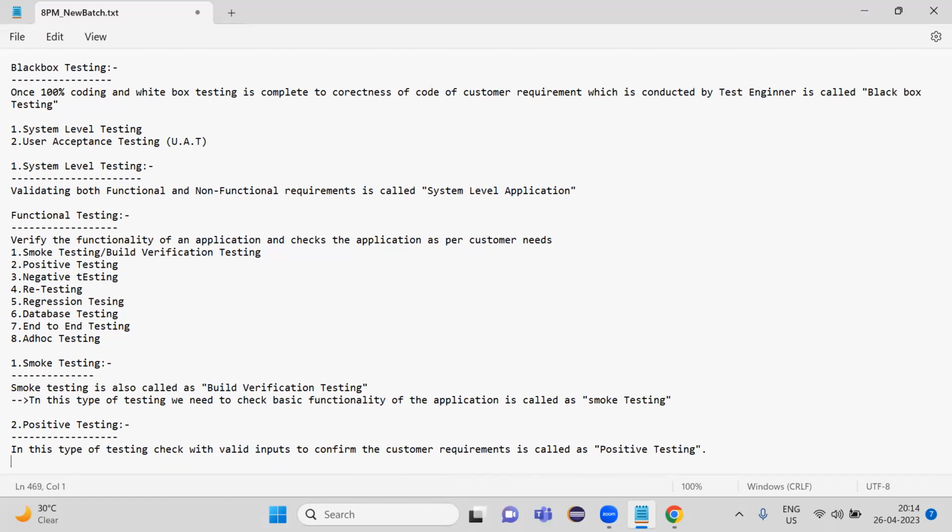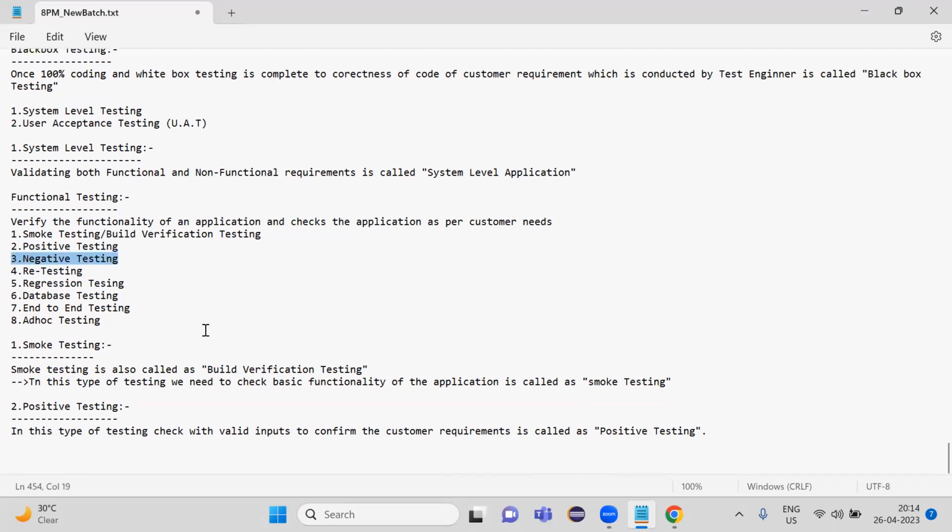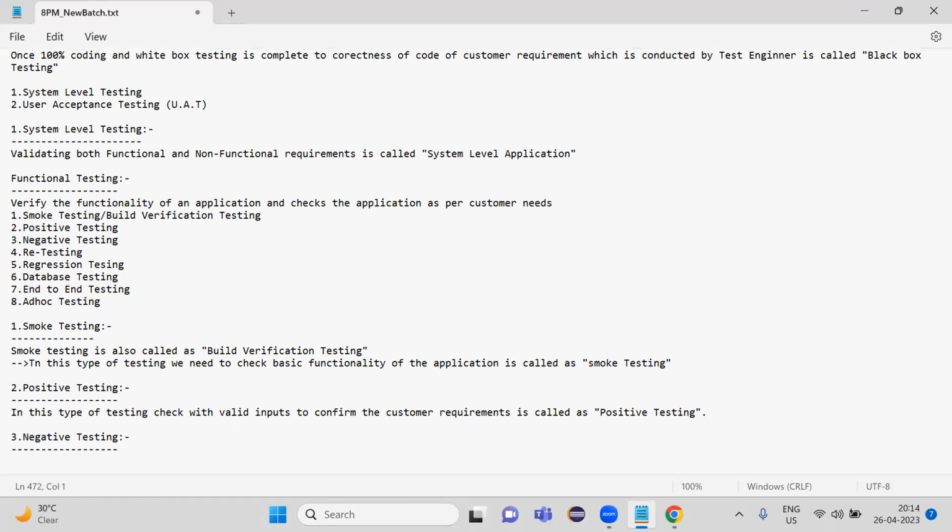What is negative testing, guys? Checking with invalid inputs. In this type of testing, we have to check with invalid inputs.